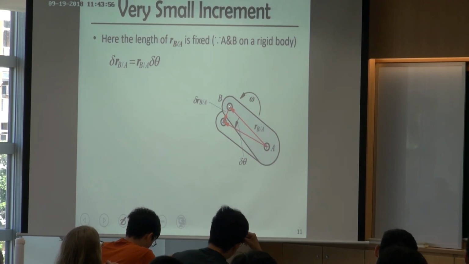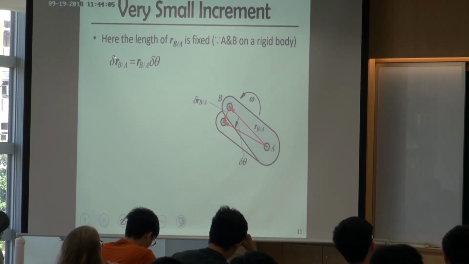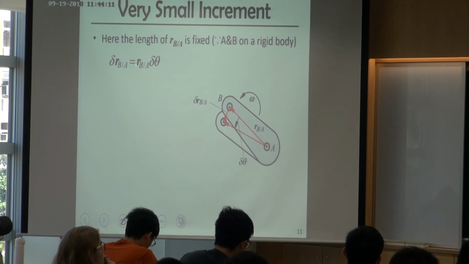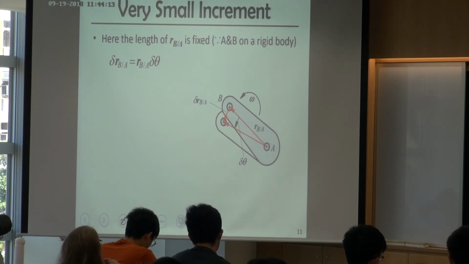So the displacement of this point will be RBA times delta theta. So delta RBA, the relative displacement with very small increment, equals RBA times delta theta.